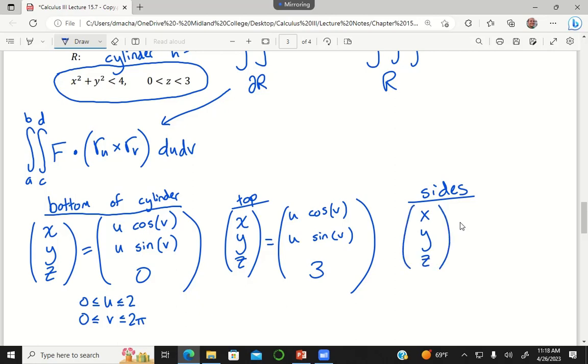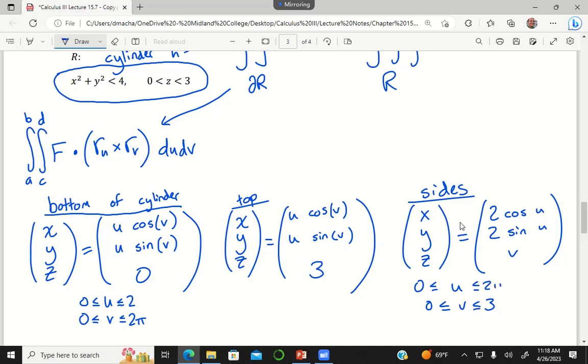And I think a good parametric surface giving me the sides of the cylinder is that x will be 2 cosine of u, y will be 2 sine of u, and then z will be v. And then we'll just say v can be anywhere between 0 and 3, but u has to be somewhere between 0 and 2 pi. And I think that does the trick.